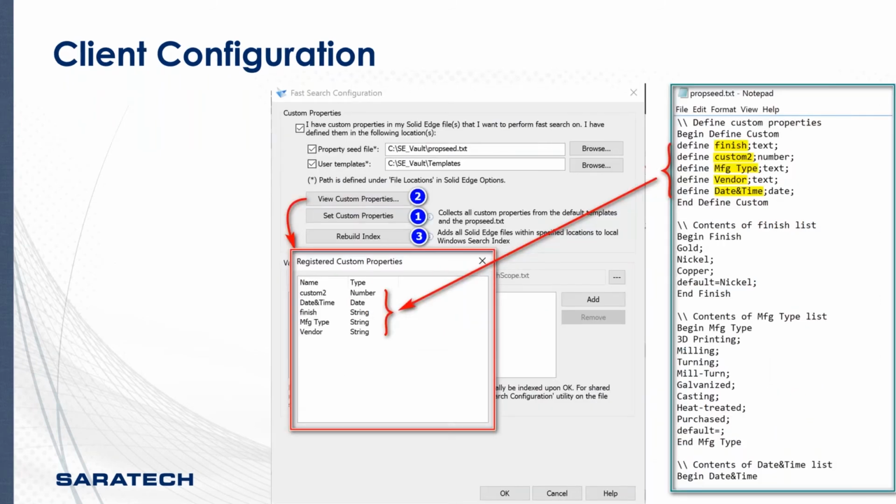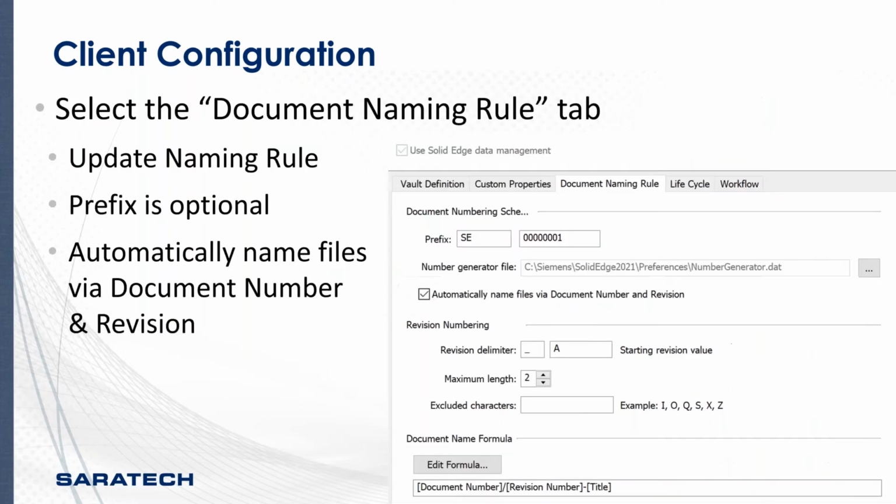So we define the client configuration. This is what we did on the server side that is going to be used now that we're going to point the client over to the server. Then we go to the next tab for the naming rules, and some of these fields are optional, others are not.